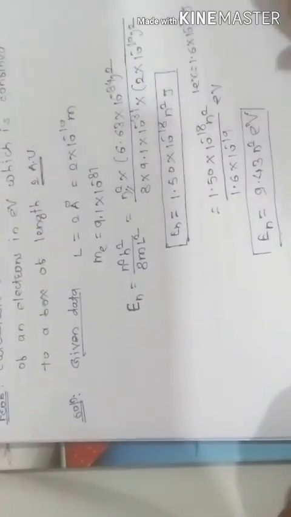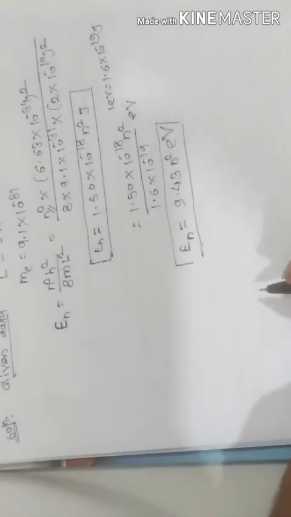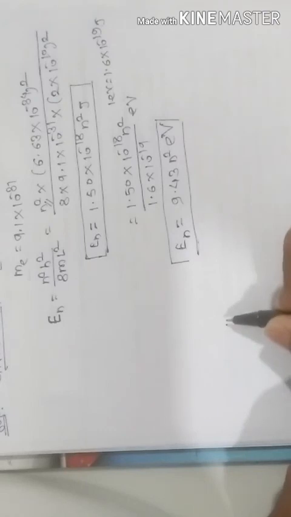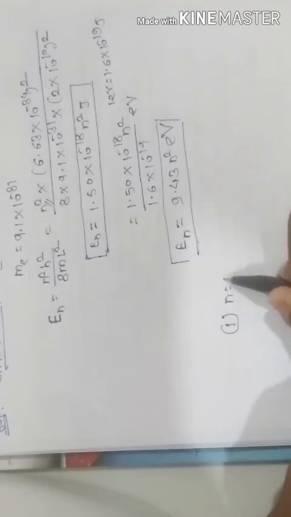And then we derive the first two energy eigenvalues. Substitute for the first two values. First, n is equal to 1.